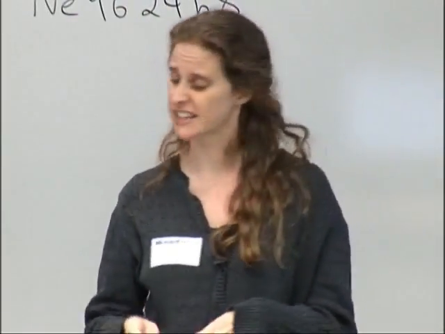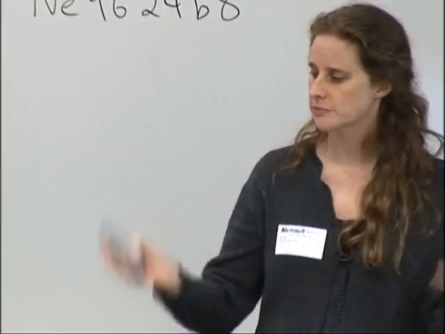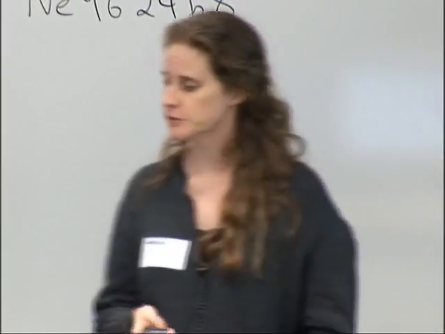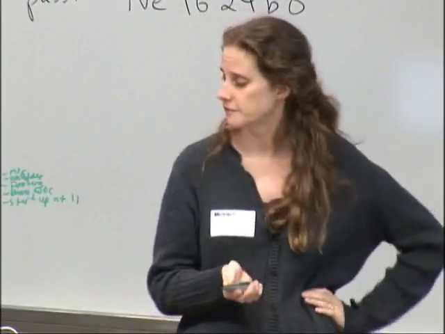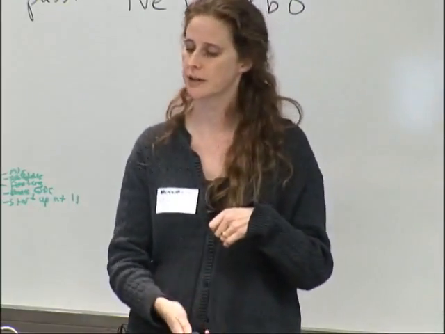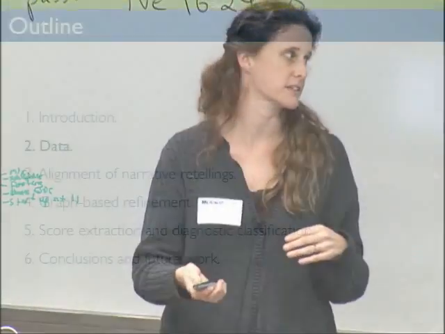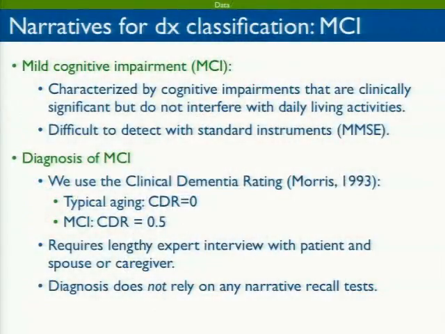So I'm going to use existing word alignment tools that are used for machine translation to create machine translation style word alignments between retellings and a source narrative. And then I'm going to improve those alignments using a graph-based method. And then I'm going to extract scoring information from the alignments and then use those scores as features for diagnostic classification.